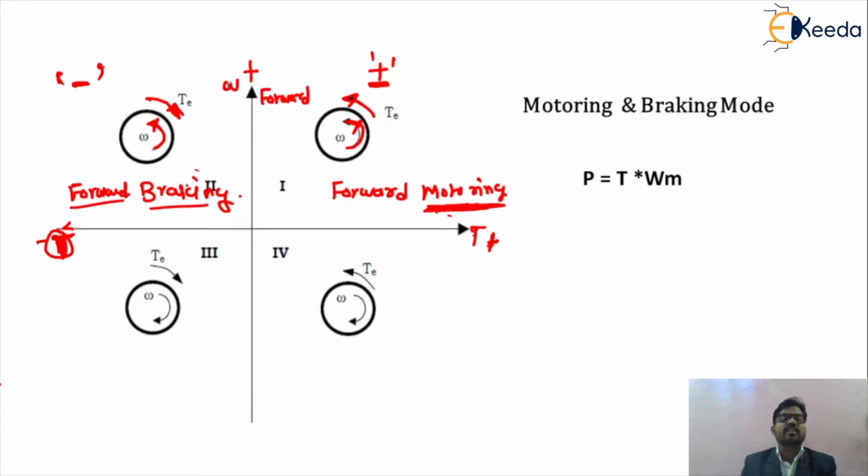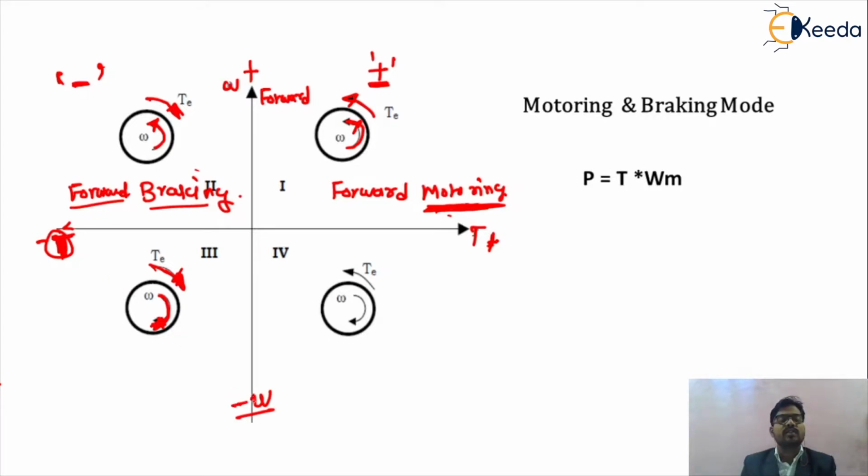So friends, in the next quadrant the value of speed is negative, so the direction of speed will be reverse, because previously it was in the forward direction. And the direction of torque will again be the same, that is, reverse, negative.